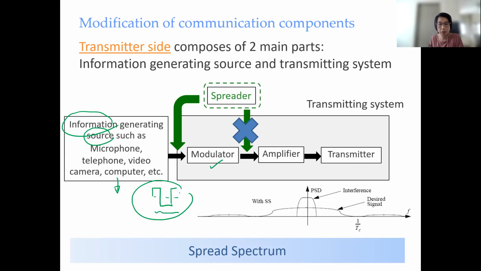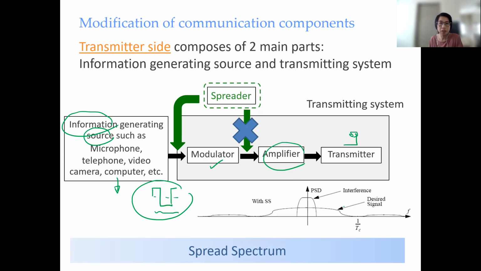You modulate the original signal with a high frequency sine wave, which we call the carrier frequency. And then, before we transmit, we need to make it strong. You need the amplifier, and then you need the antenna if it's a wireless channel. That is the basic concept of communication theory.